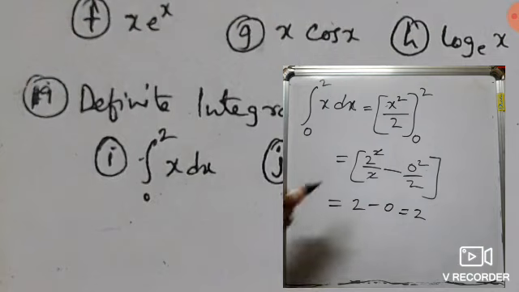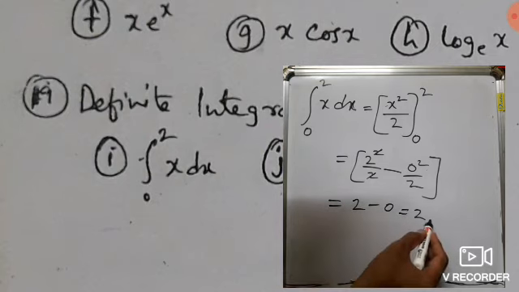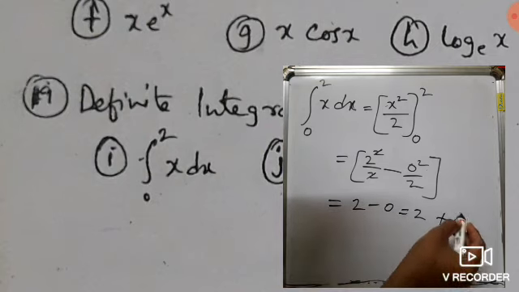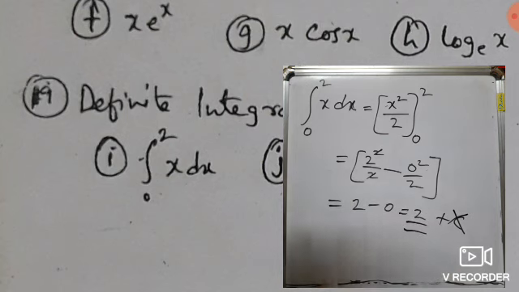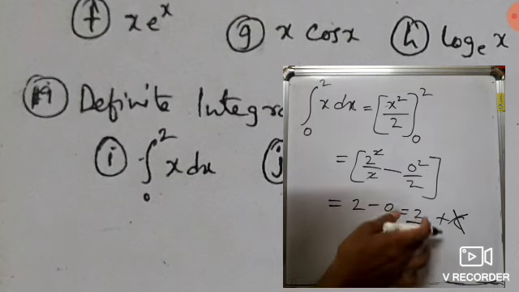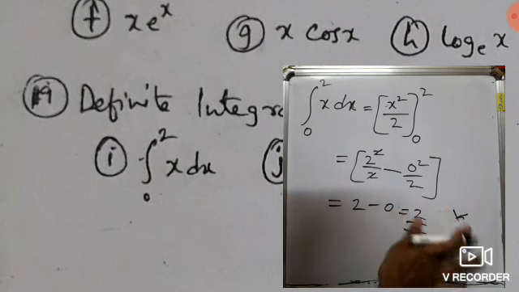So this is the actual expression to solve a definite integral. In this case we don't write the integration constant, we don't have to write c, just the answer, because it is a definite integral, you get a definite value, so c is not required here.